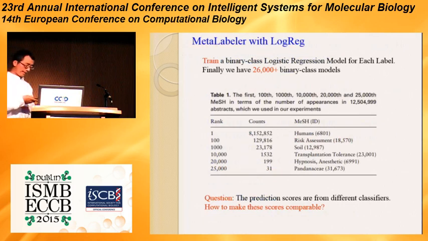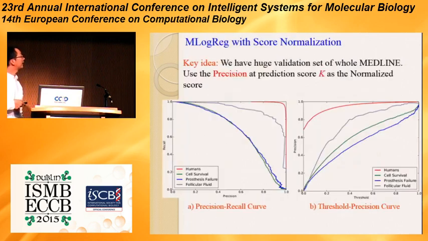Anyway, one distinct feature is that we try to normalize the prediction score from each classifier. Here we can see there are 4 MeSH headings. The classifiers for different MeSH headings have different results. For example, the most frequent MeSH heading, humans, has a very good AUPR curve. It has the best performance.